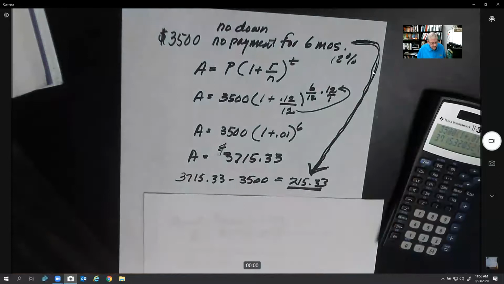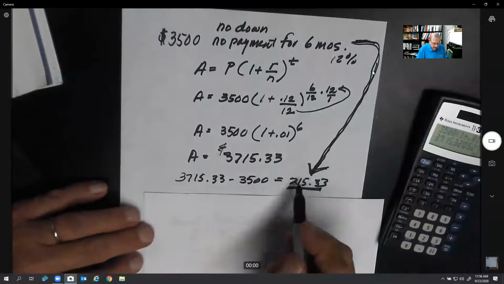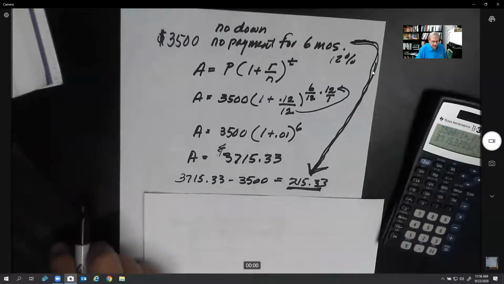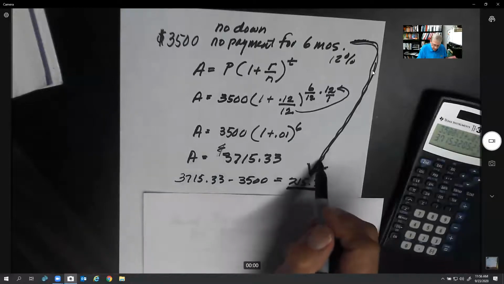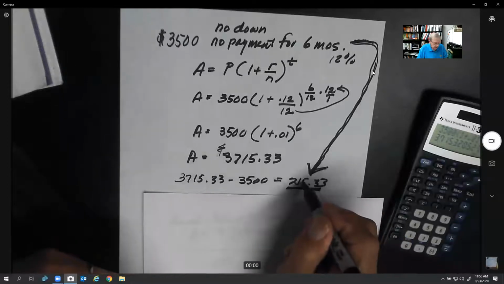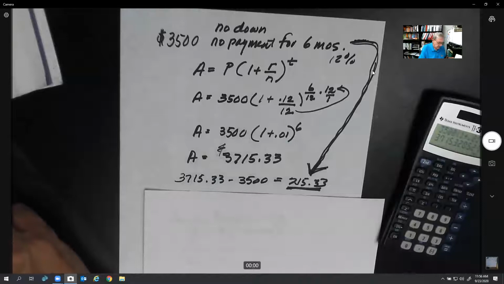The interest is still going to go on. Not a huge amount, but it's still money out of your pocket. So, keep that in mind when they say on a car payment or something like that, you buy this car, no down, no payments for 6 months. Yes, you don't have to make a payment, but you do have to pay the interest. And so you got to be careful about that.